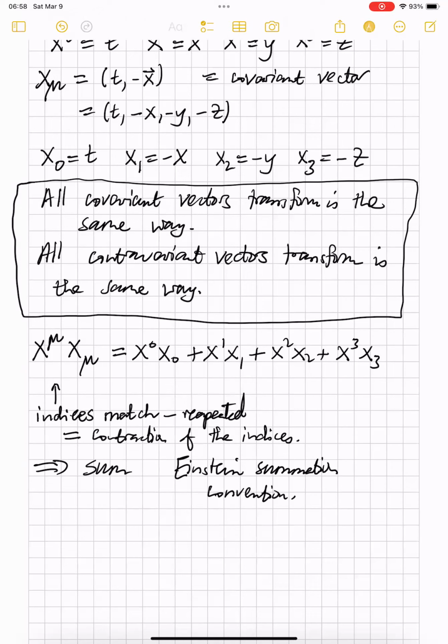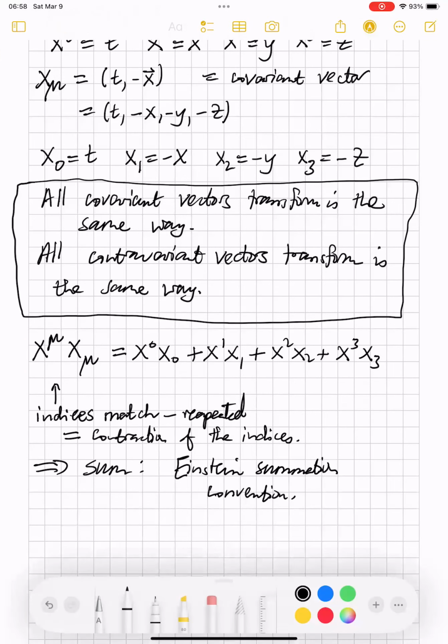So whenever you see an index upstairs and an index downstairs, or a superscript and a subscript, or a contravariant index and a covariant index that is repeated, it means that index is summed, and that's called the Einstein summation convention.